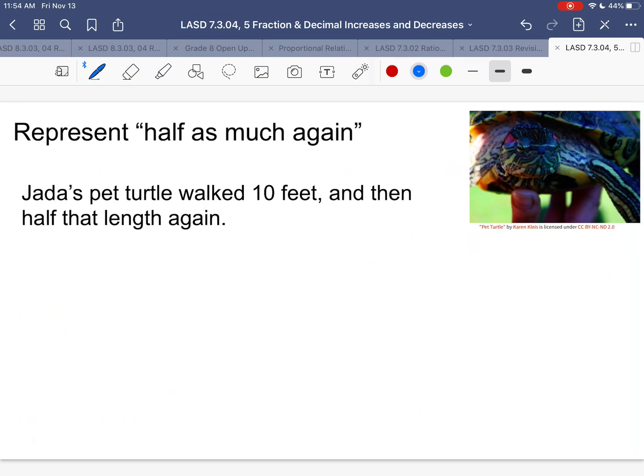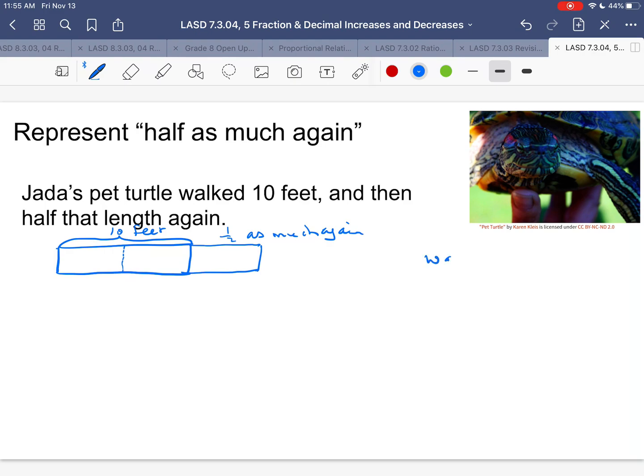Representing half as much again. So the turtle walked 10 feet. Let's draw a tape diagram. Here's 10 feet. And half that length again. Let's take this. That's about half. So one of those, that's half. Here's half as much again. And we could represent it in a table.